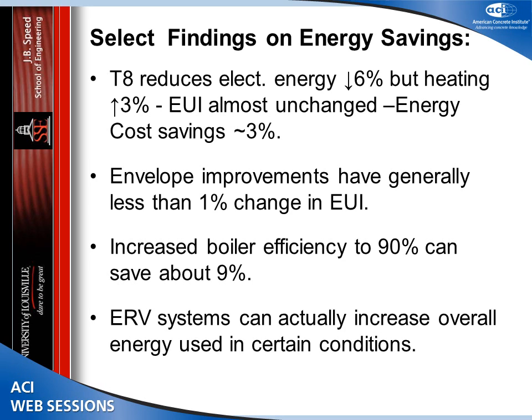Okay, the waste heat that's produced by the less efficient lights actually were reducing our heating loads. The EUI, the energy use index, remained almost unchanged during that. We did, however, because the electrical energy was costing us more, even in the state of Kentucky, which I believe still has the third lowest electrical energy rate in the country, our cost savings was still around 3%, so it was reasonably good.